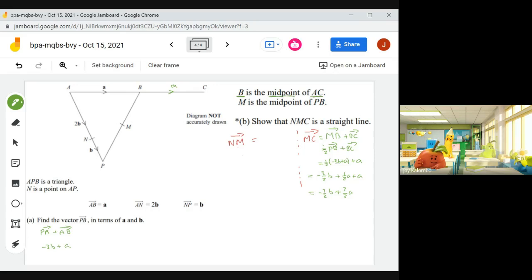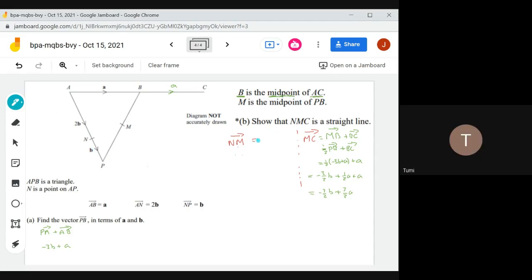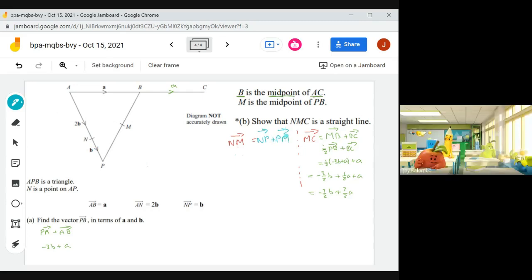Sounds good. Yes. So let's go through it in full. So N to M, which way did you go? Did you go N to P, P to M? Yes. So N to P plus P to M. N to P we know is B. P to M is a half of PB.